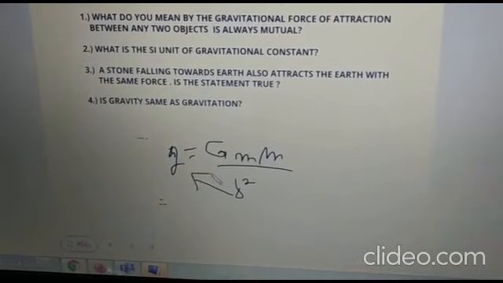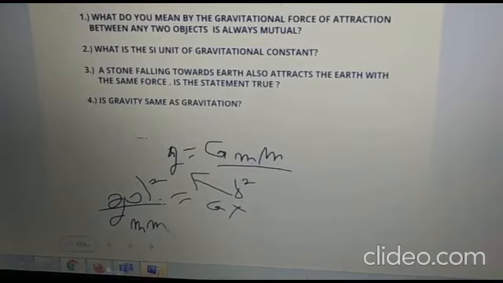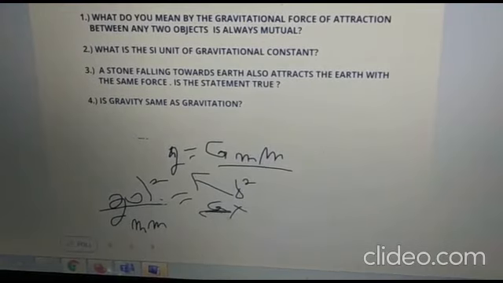When we put it, it would look like this: g d square is equal to big G into the masses of both the objects. Now we can put the masses below, and big G would be equal to small g into d square divided by the product of masses of both the objects.